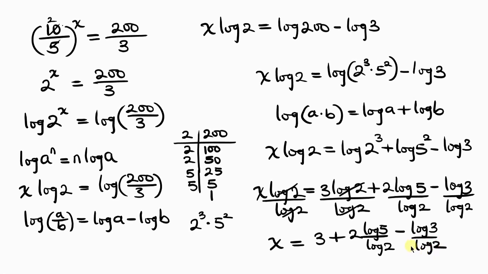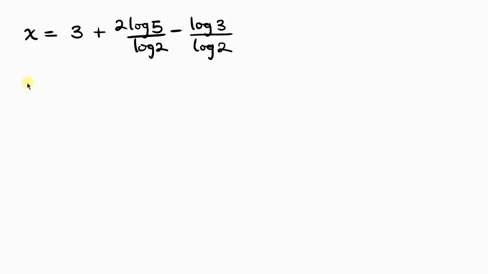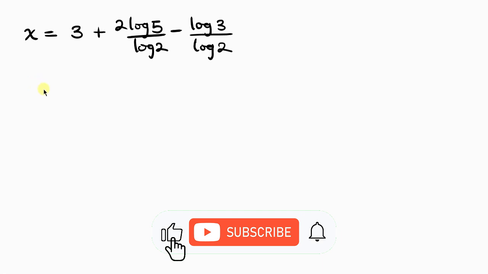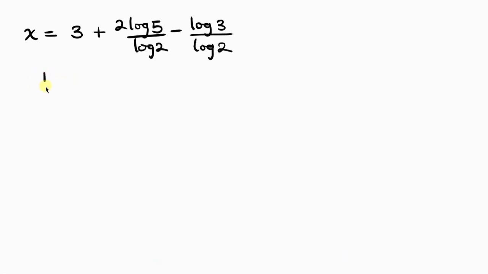Well, we can't just stop here. We're going to be going to our final stage on our next slide. All right, so our final stage to the solution of this question will be for us to apply the change of base property of logarithm, which says when I have log A over log B, this is same as log A base B. We're going to be applying this law of logarithm to what we have here and here.